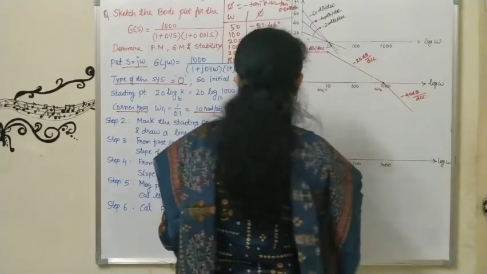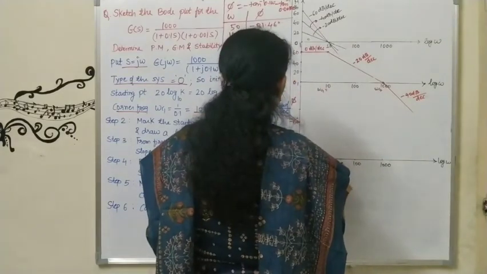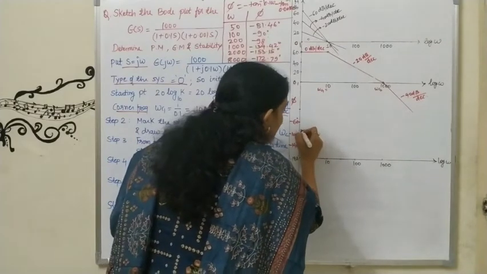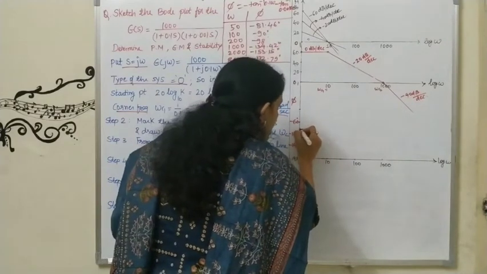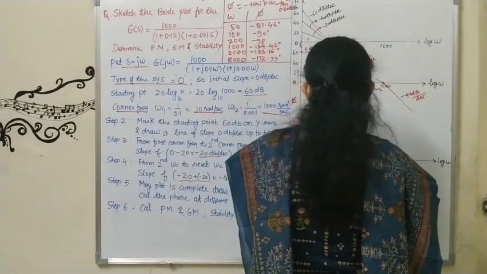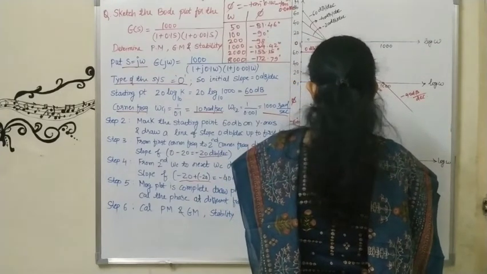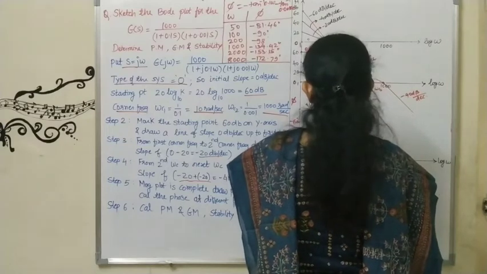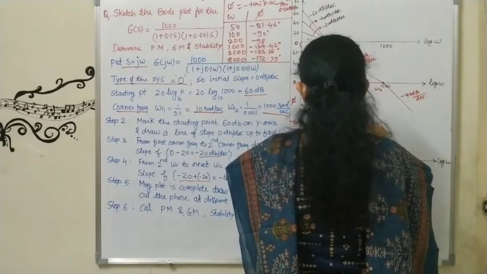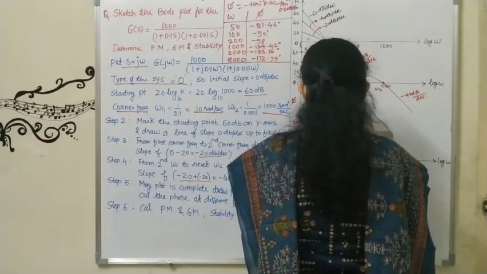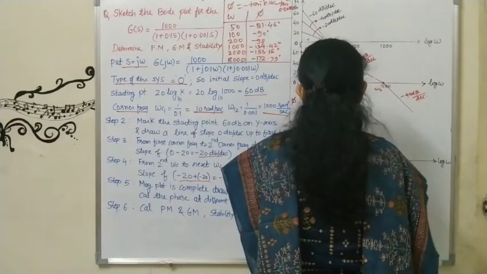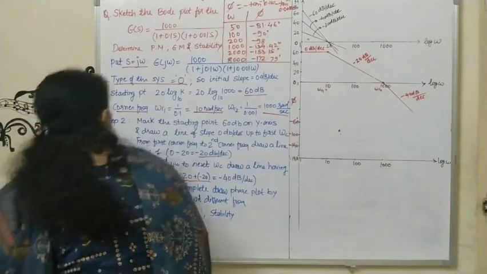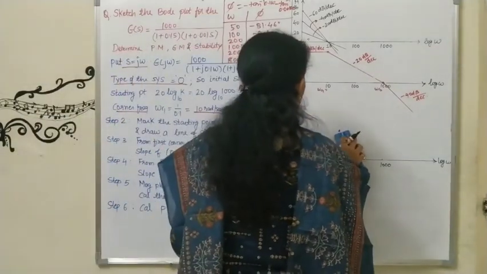For 50 I am getting minus 81.46, so this will be between 70 and 80. I am drawing approximately; you can use semi-log paper so that it gives you the correct values. This will be my first point, minus 81.46.